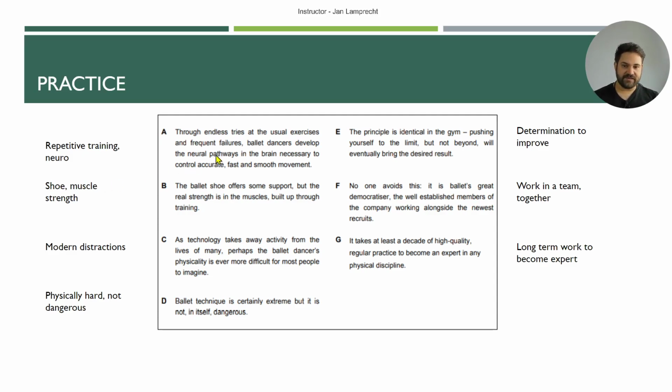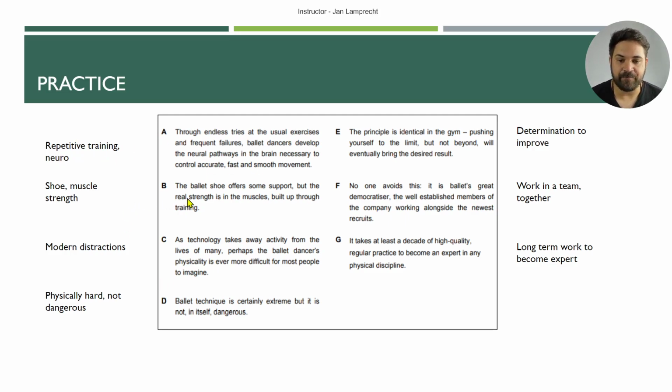So when you read through this first one, through endless tries at the usual exercises and frequent failures, ballet dancers develop the neural pathways in the brain necessary to control accurate, fast, and smooth movement. All of that summarized in a few words is: repetitive training, neuro. That's all I want to remember because it's impossible to remember everything in there.